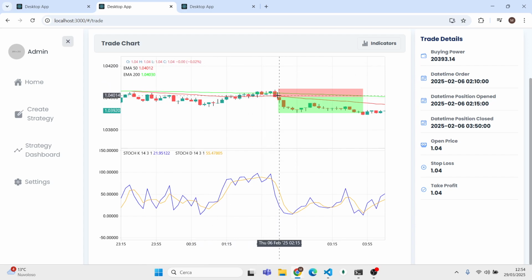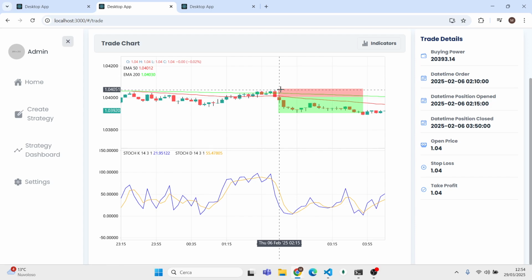Let's see here. Here the stop loss was set to the last swing high plus ATR 14 multiplied by 0.2, so slightly above the last swing high, because the video said to be slightly above or slightly below the last swing high or last swing low. So feel free to do what you prefer.